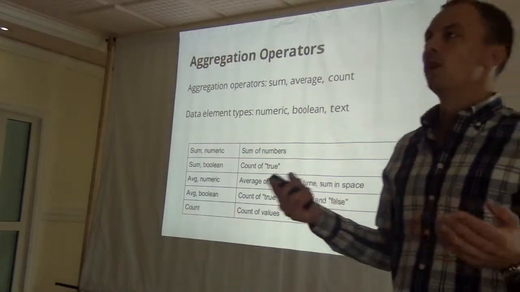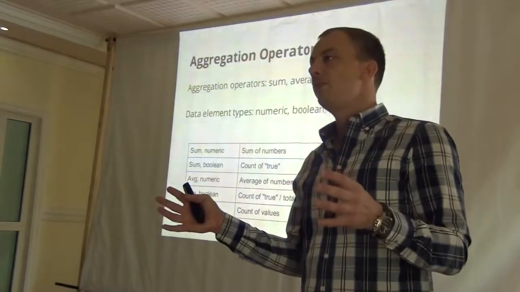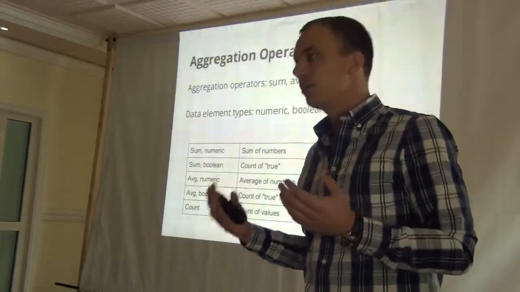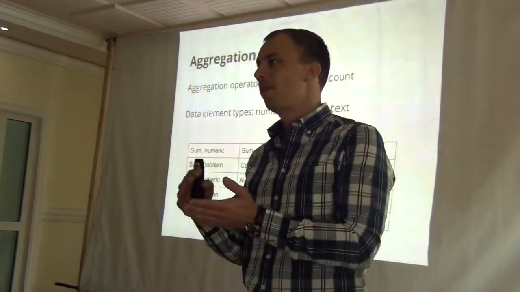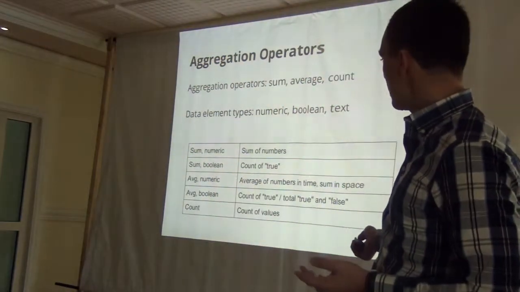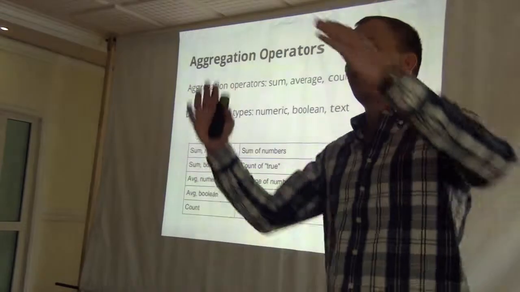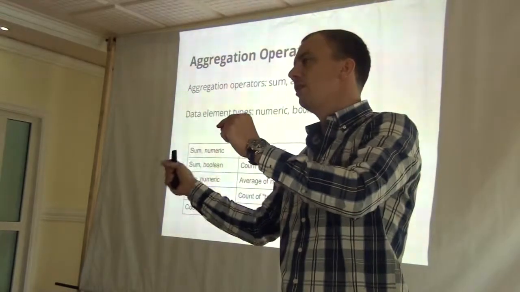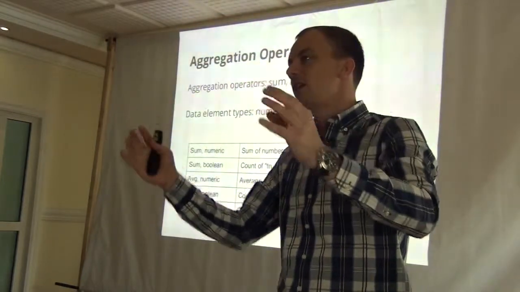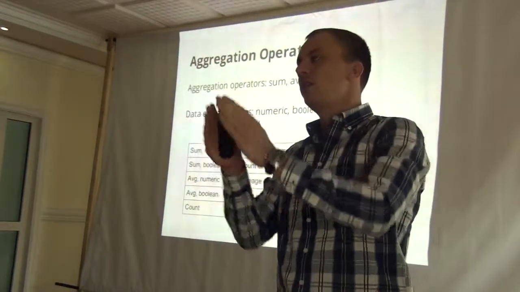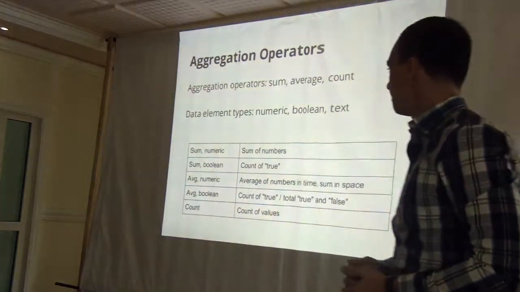So for instance, if you have 1 million people in 4 quarters, then the aggregate number for the year is not 4 million, right? It's still 1 million because you take the average. So in that case, it's going to take the average in the time dimension, and then it's going to sum. Because if you have 1 million in each province, and you have 10 provinces, then the aggregate for the country is 10 million. So it takes the sum in the hierarchy, it takes the average over time.